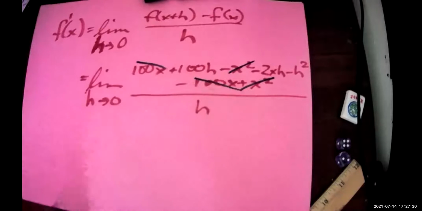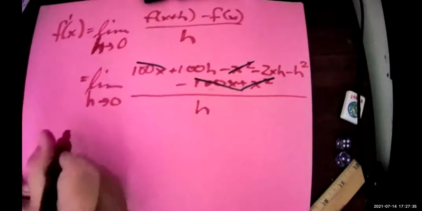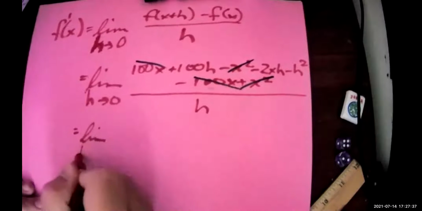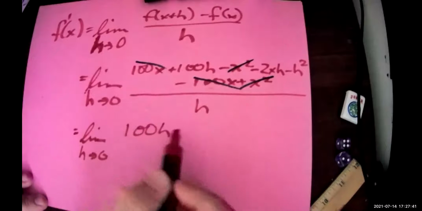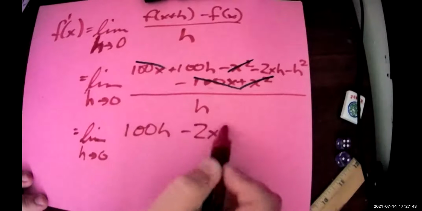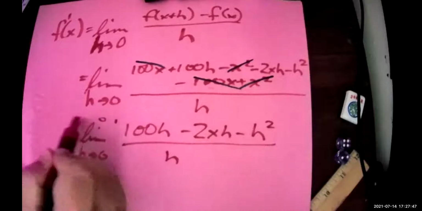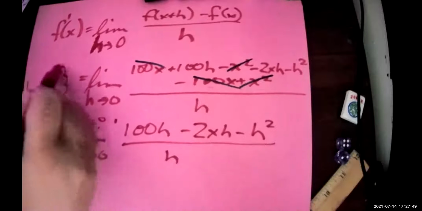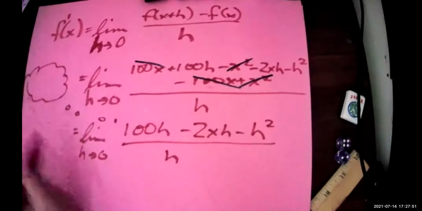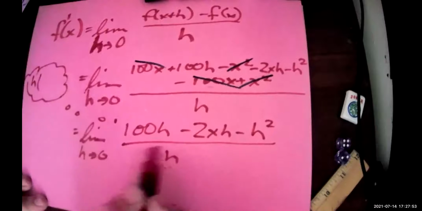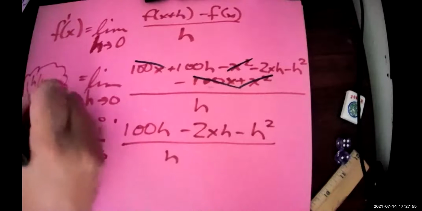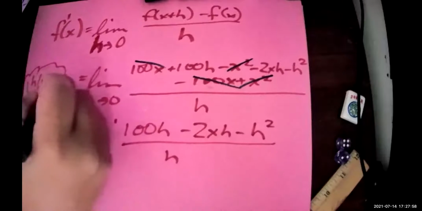All right, anyway, now that those are crossed out, what we could do now is rewrite the formula. It's the limit as h approaches 0, and then we have what's remaining in the numerator, 100h minus 2xh minus h squared all over h. You could factor that. If you factor it, it'll be h times 100 minus 2x minus h.